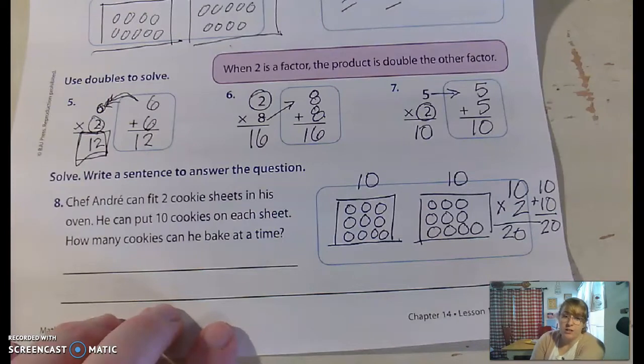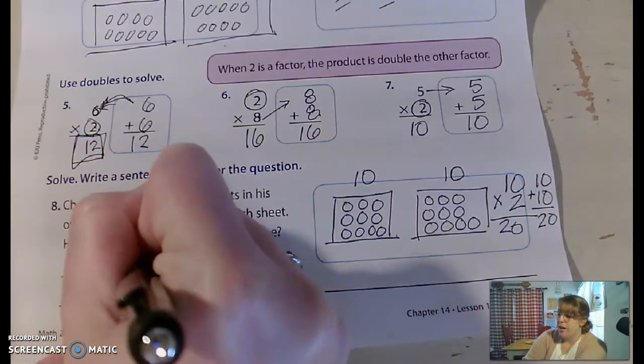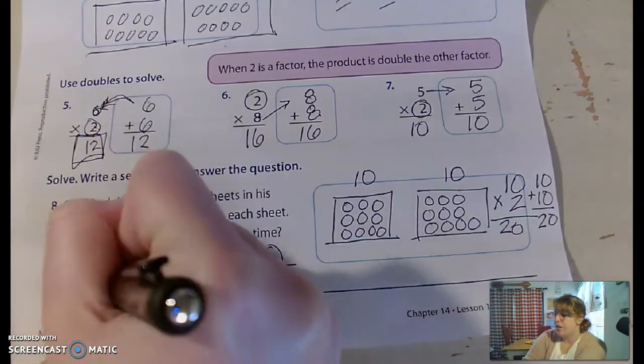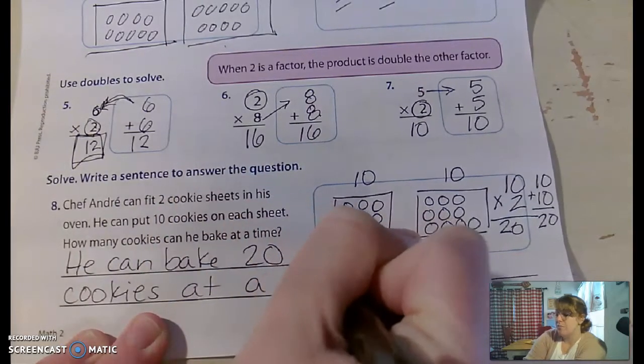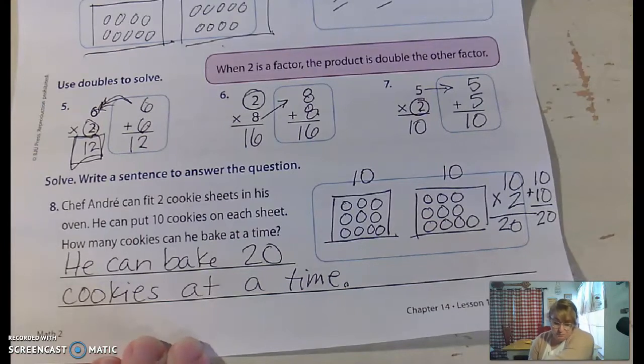How many cookies can he bake at a time? He can bake 20 cookies at a time. If you need to copy that sentence down or that picture, go ahead and pause the video. Otherwise, I'm going to move on to the back and just explain it, okay?